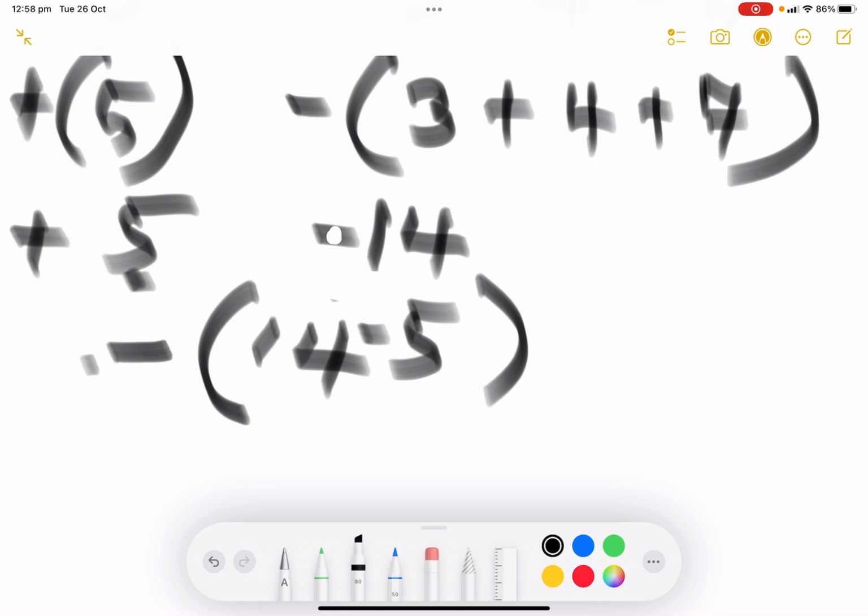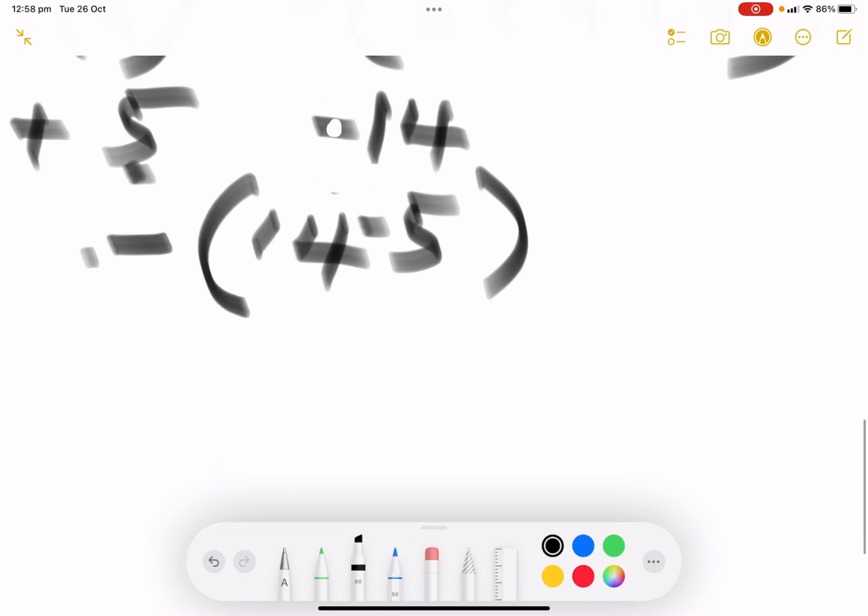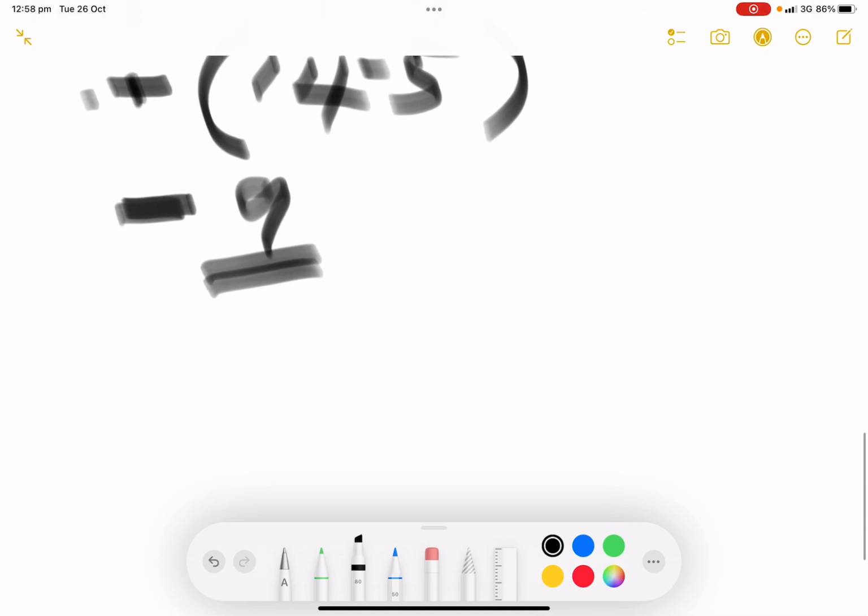So 14 minus 5 will give us 9. So first, before writing 9, we'll bring our negative sign here, then we'll write our 9. So our answer is -9.